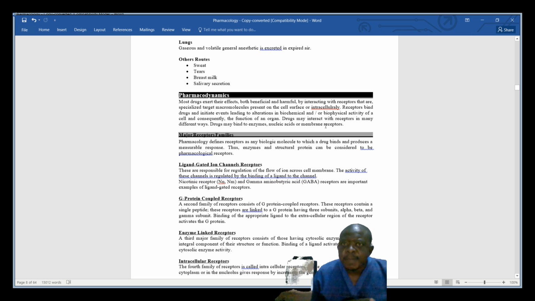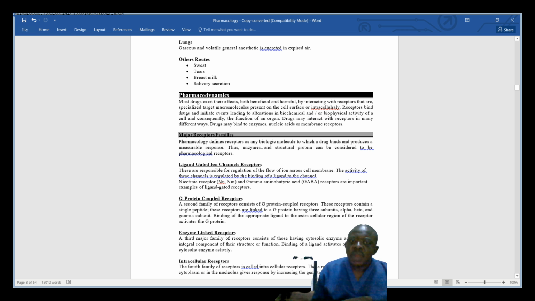So drugs may interact with receptors in many different ways. Drugs may bind to enzymes, nucleic acids, or membrane receptors. So we are now looking at the interaction effect of the drug with the body, looking at the effect of the drug on the body.